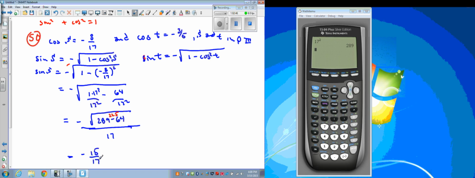Okay. Now you see I got these things as fractions, right? And then you're going to do the same thing over here with this. You're going to go minus the square root of 1 minus, and then you substitute minus 3/5 in there. So minus quantity squared.